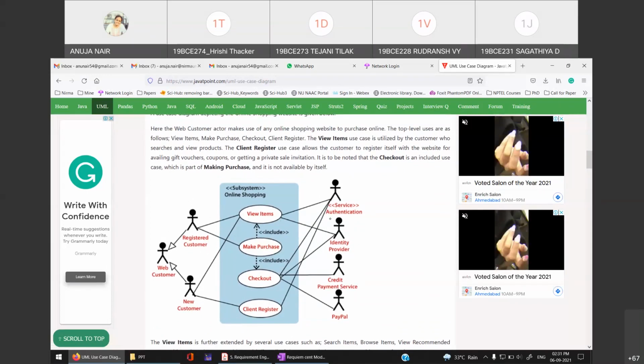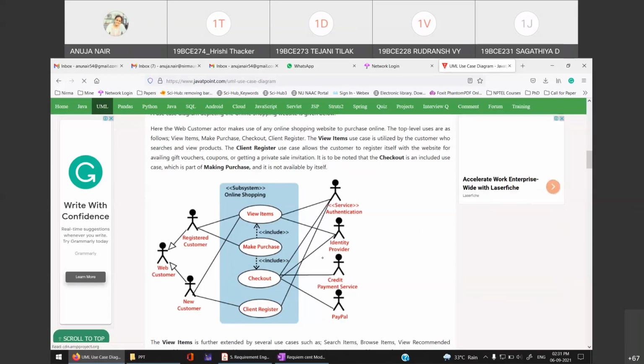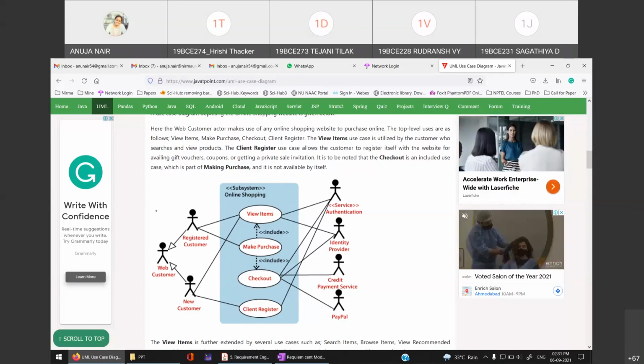By seeing this diagram, what will you understand? That these many actors are there in my system, and every actor is going to perform the tasks which are connected to it. Are you understanding? Please let me know if you have any doubt by seeing this diagram. Till now, do you have any doubt?